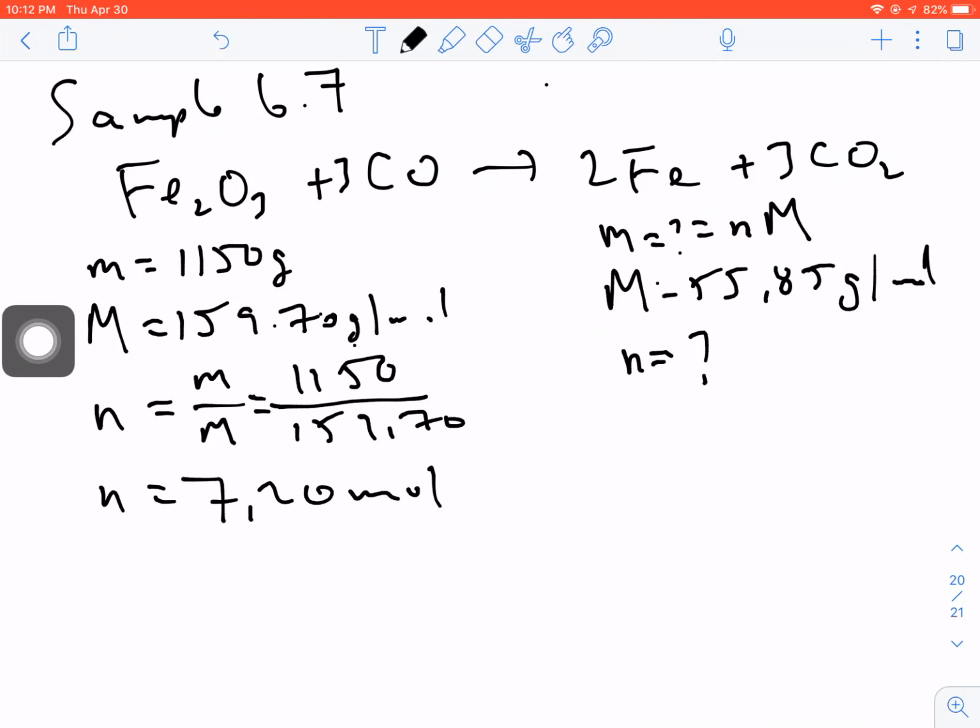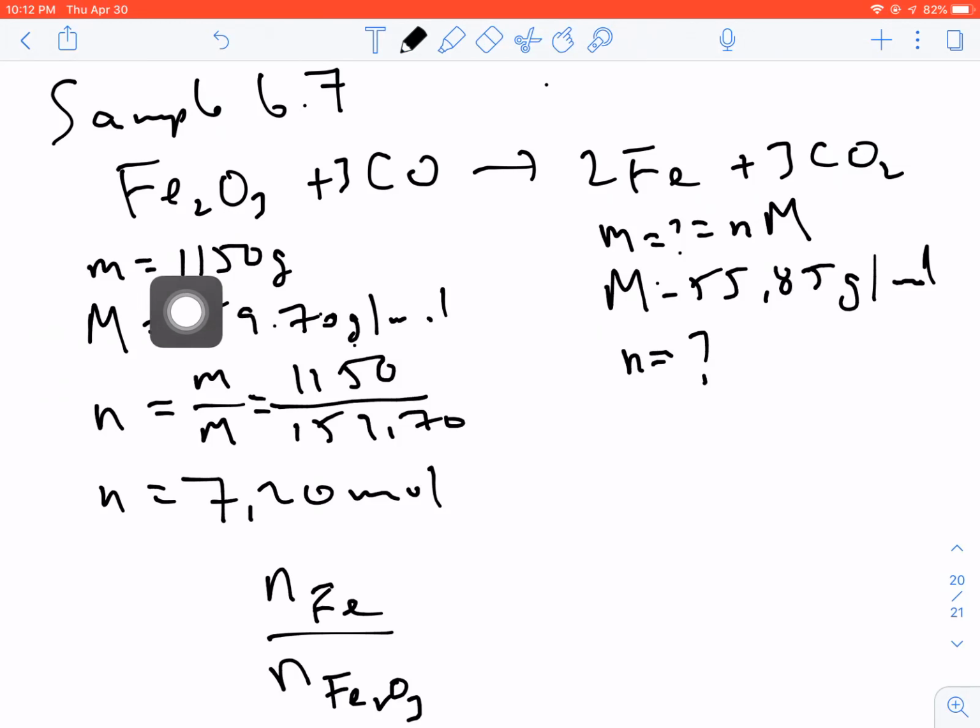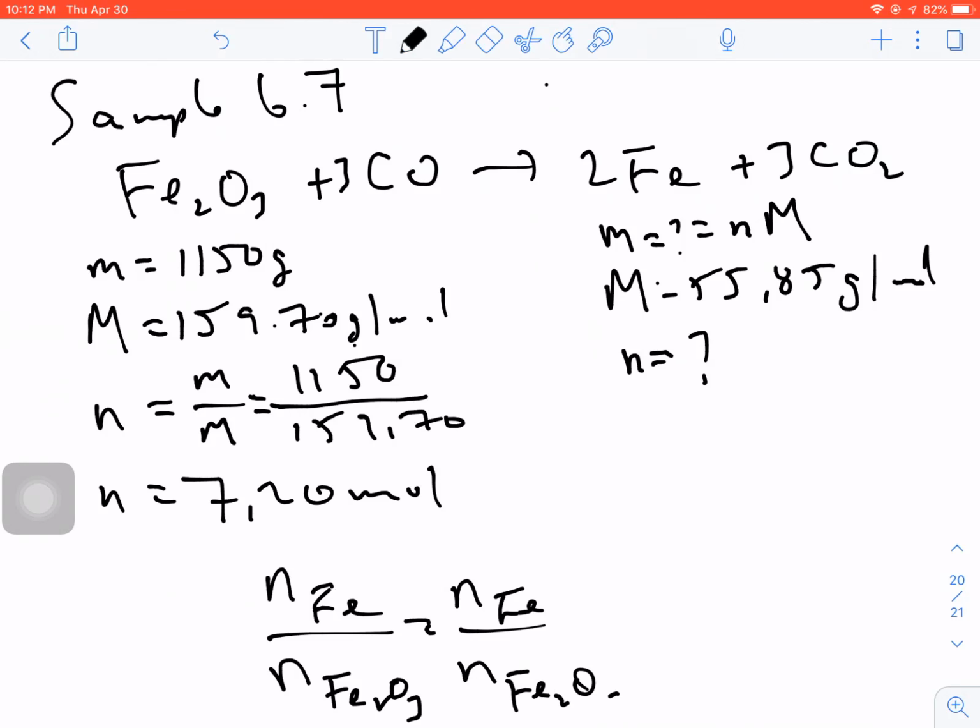So I'm going to say the number of moles of iron, which is my unknown, divided by my number of moles of Fe2O3, which is my known over here, and I know I have 7.2 moles, is equal to the number of moles of iron divided by the number of moles of Fe2O3 from the balanced equation from up here. So remember, this side here is from the question.